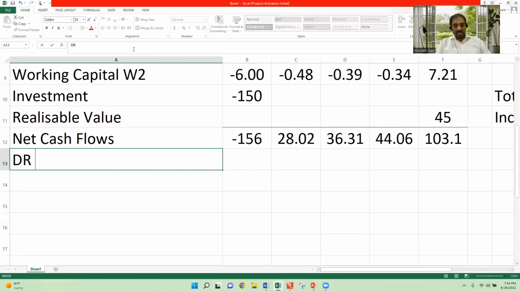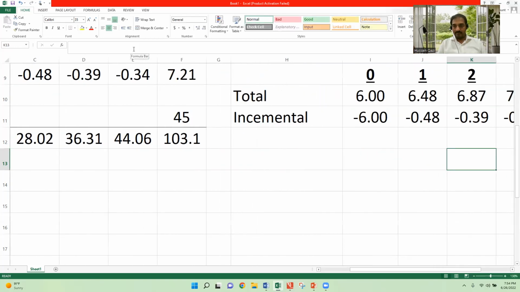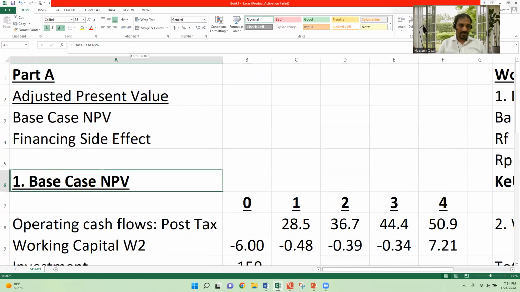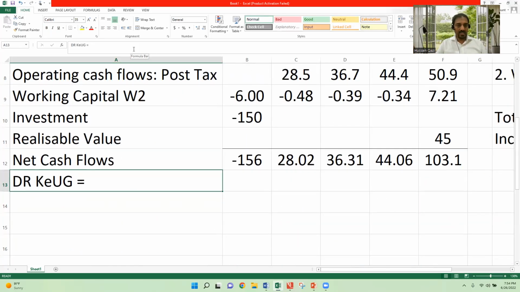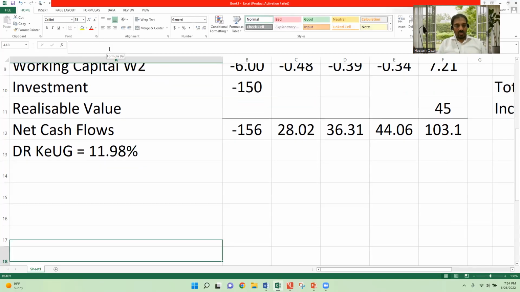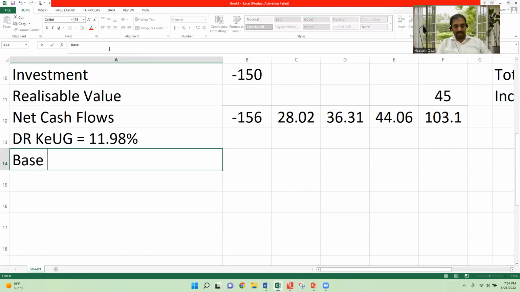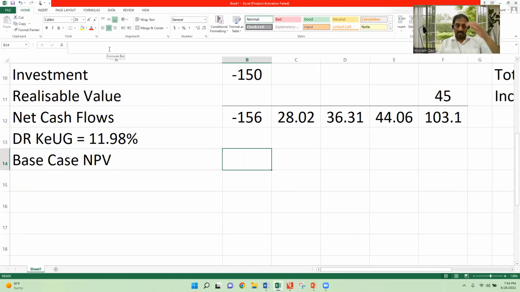Your net cash flows discount rate, Ke ungeared, which you have already calculated, is 11.98. So now the base case NPV.